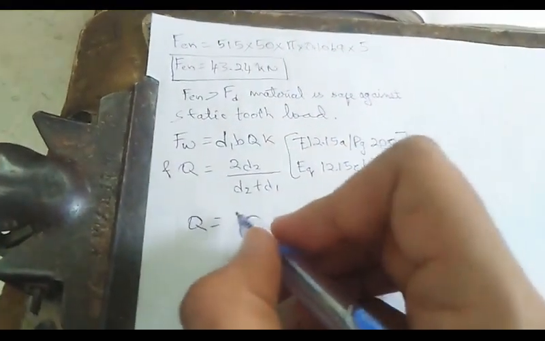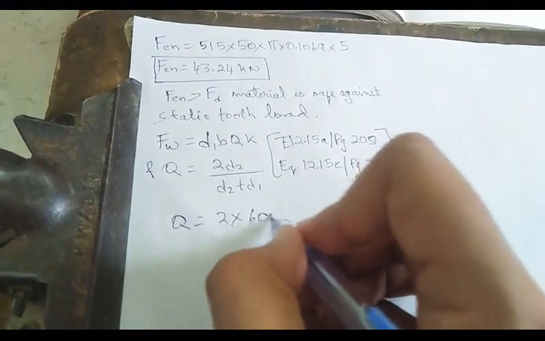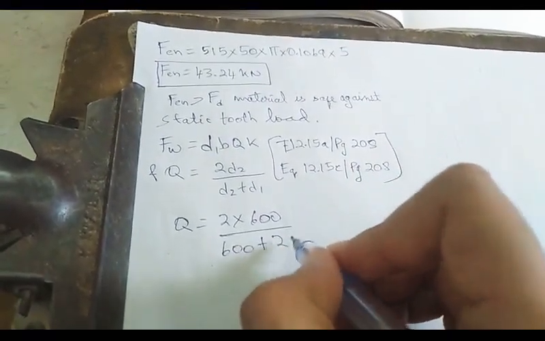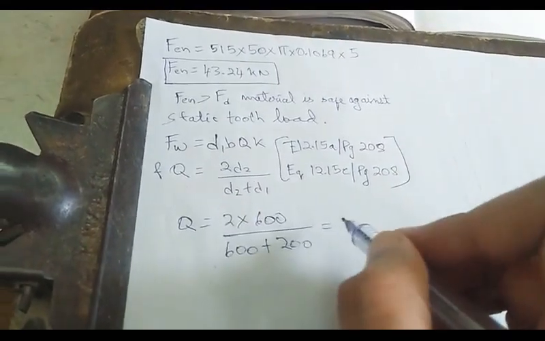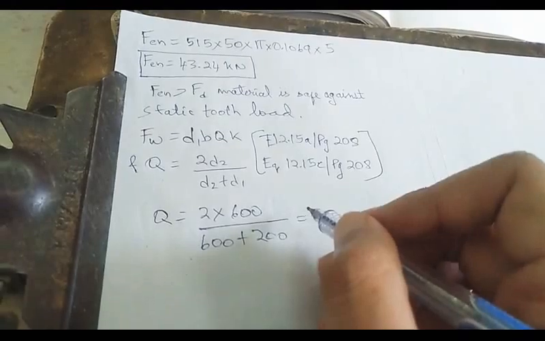First we'll find the value of Q. The value of Q is 1.5.